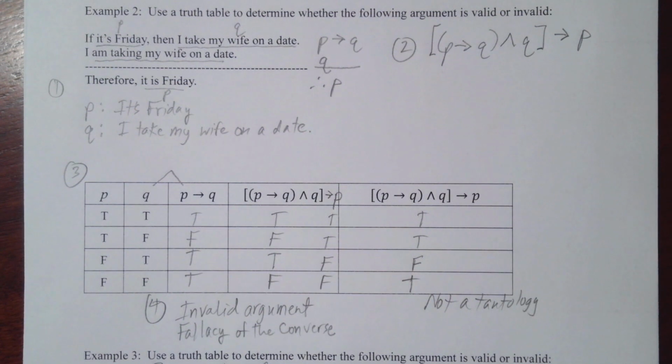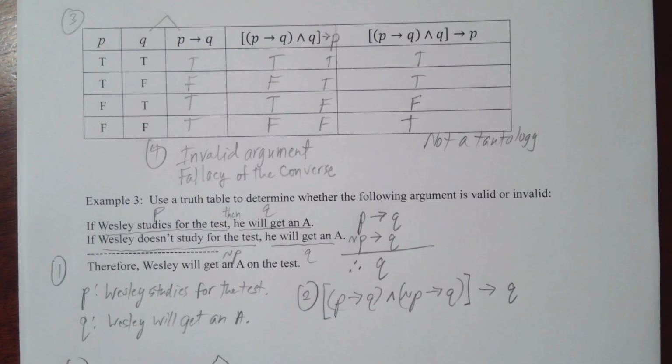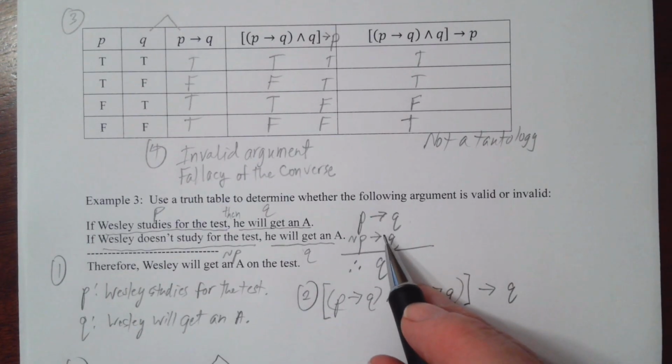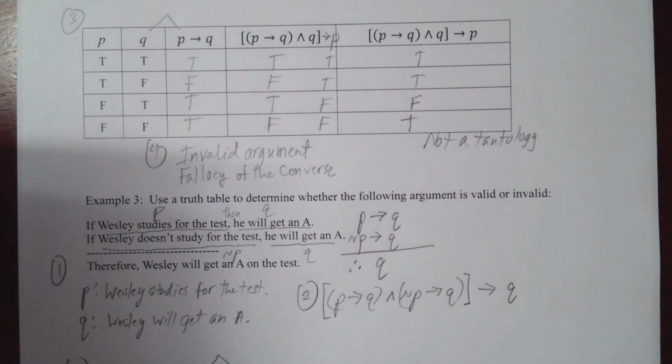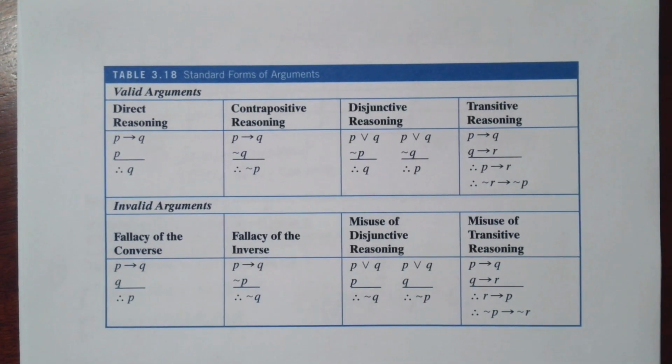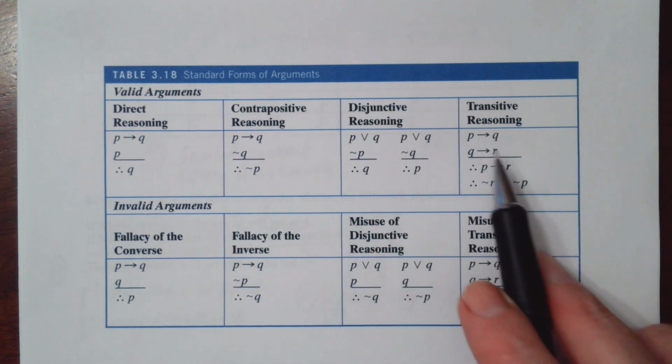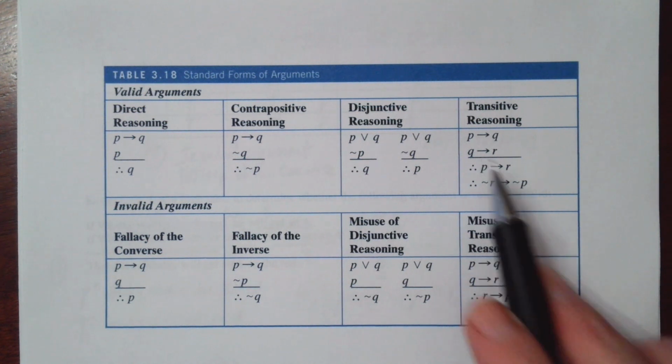All right, let's go to number 3. We have P implies Q and not P implies Q. So here we have P implies Q, but this is different.